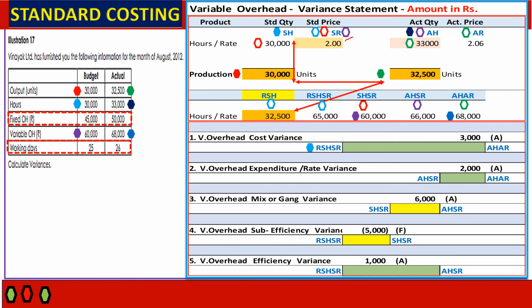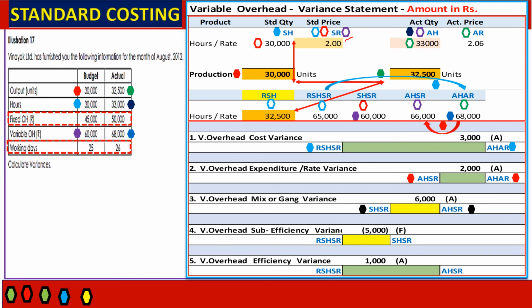is AHAR. Once that is done, it is cost variance for the entire stretch of AHAR to RSHSR. 68 minus 65,000, 3,000 positive, therefore adverse. Second, expenditure variance, it is the extreme right to the immediate next column. 68 minus 66, 2,000, that is expenditure.